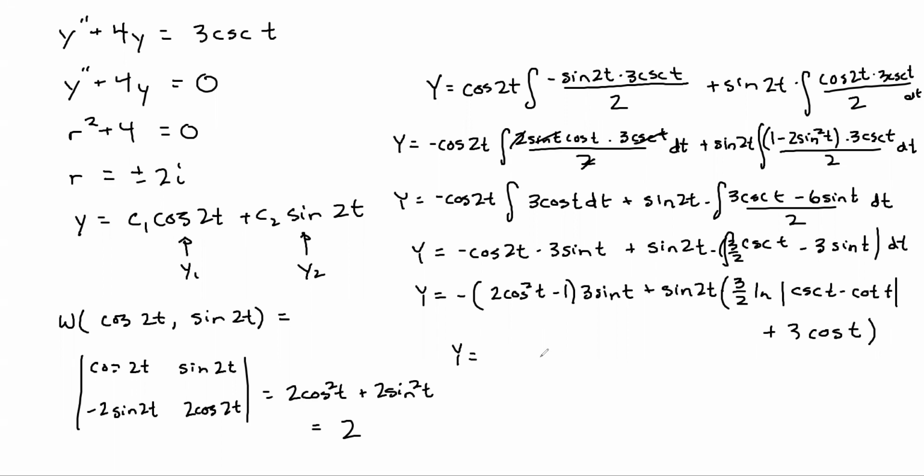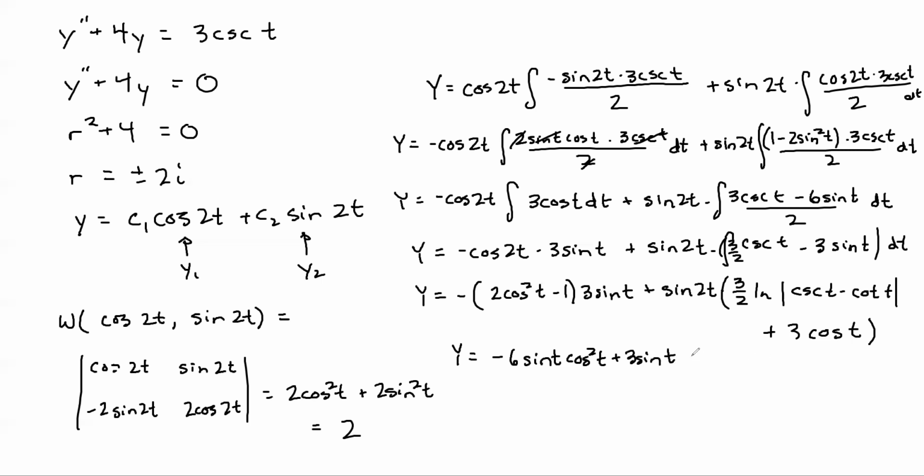And almost done. If you multiply this out, we're going to have negative 6 sine t. Do you remember this part? The same thing happened when we did this before. Negative 6 sine t cosine squared t. And then what do we have? That's going to be plus 3 sine t.